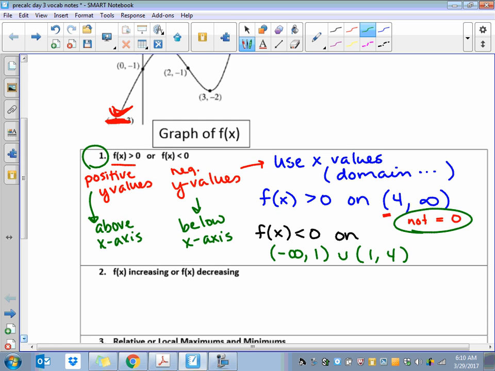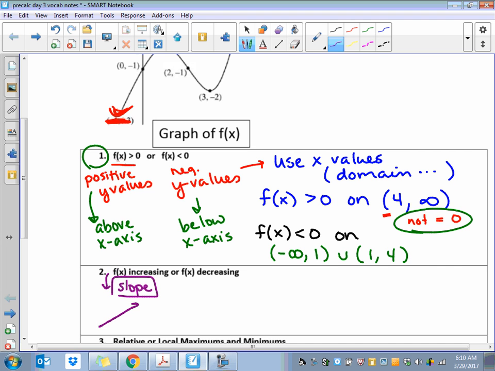Increasing, decreasing. This is the one we tend to confuse with greater than 0, less than 0. Greater than 0 is positive. Increasing is getting bigger, so the y's are getting bigger. Your y's don't have to be positive to be getting bigger. Two different ideas. Increasing or decreasing is more of an idea of describing the slope of the graph.